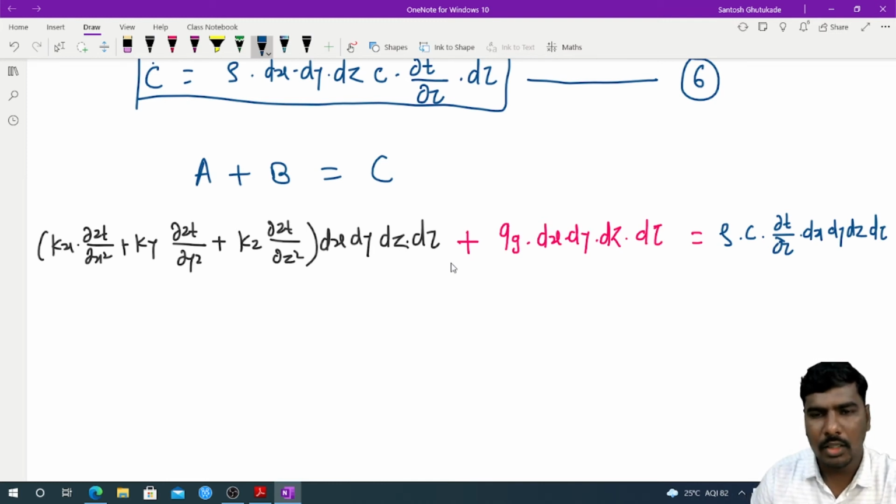Now if we check in all the equations, in the A part, B part and C part, dx, dy, dz, d tau is the common part. So we can divide the total equation by dx, dy, dz, d tau.